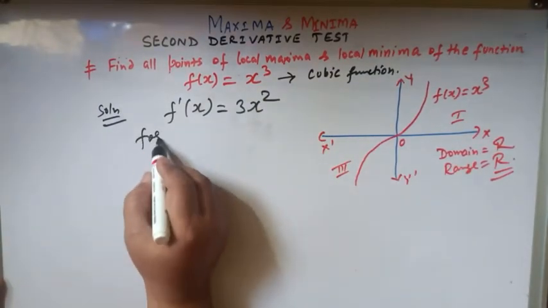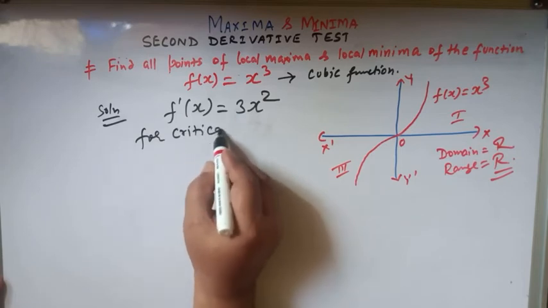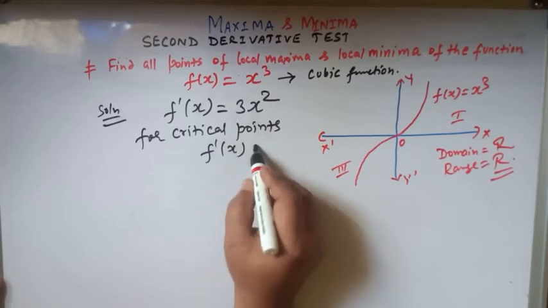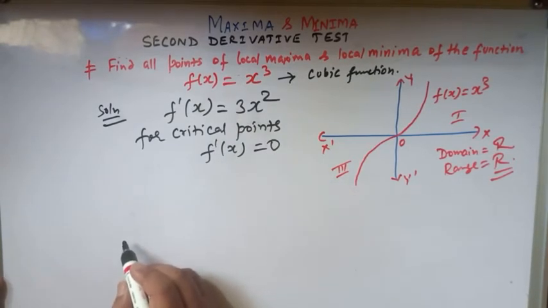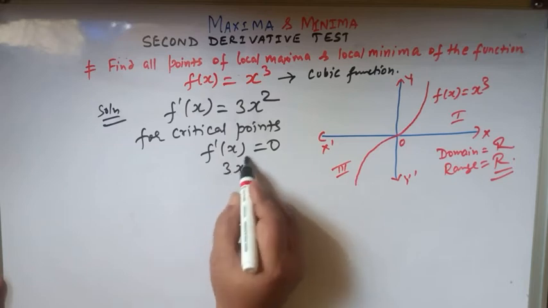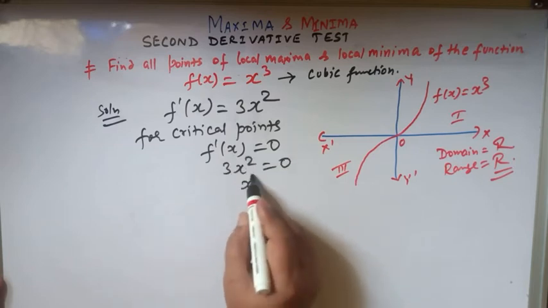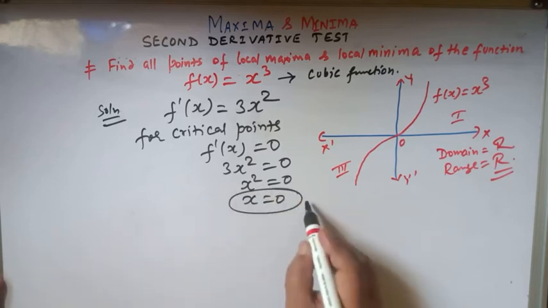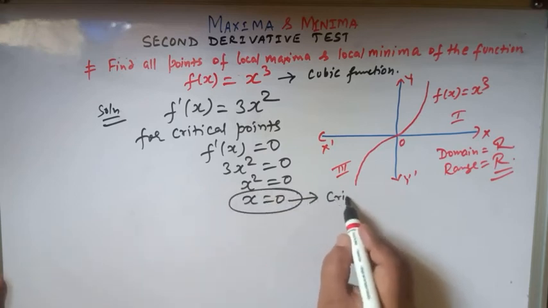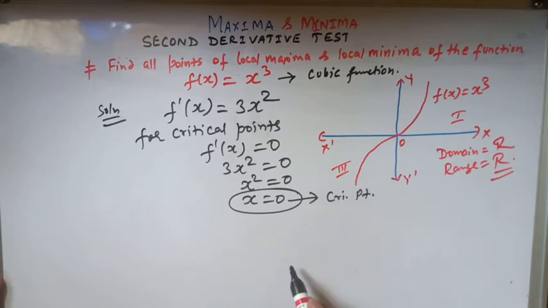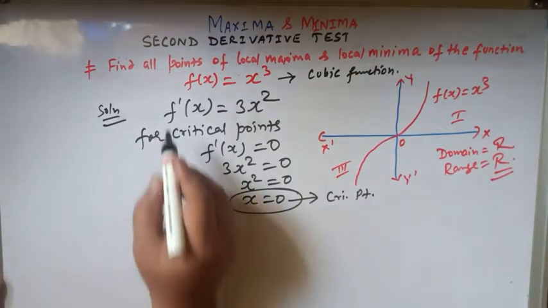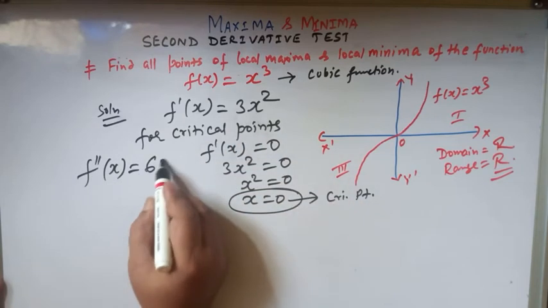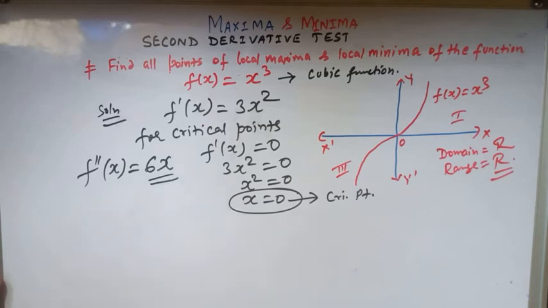Now for critical points, we have f prime of x is equal to 0. Clear? So 3x square is equal to 0. So x square is 0 and x is equal to 0. So we have x is equal to 0 as the critical point. Clear? Now let us find the second derivative. So we see that the second derivative is 6x.